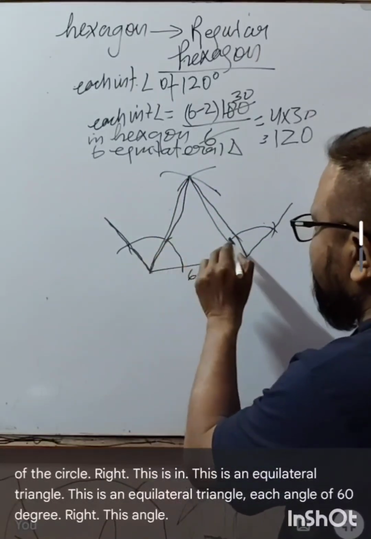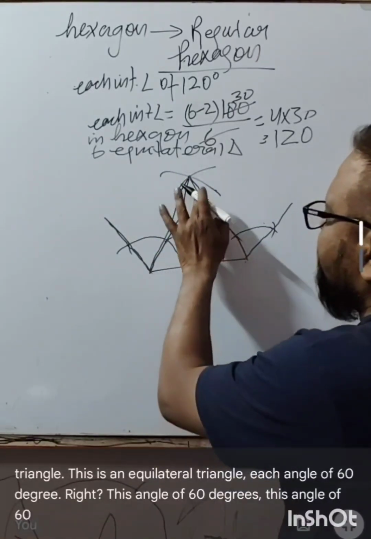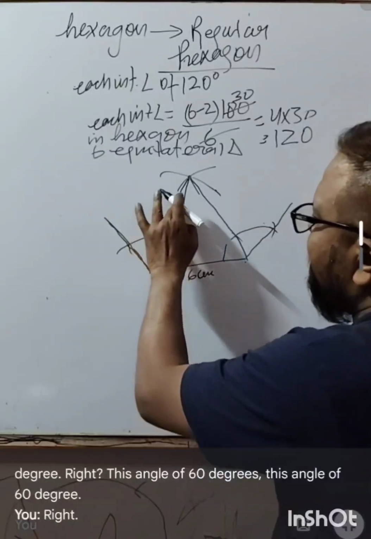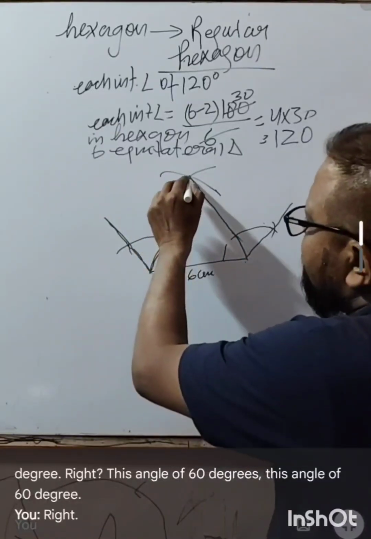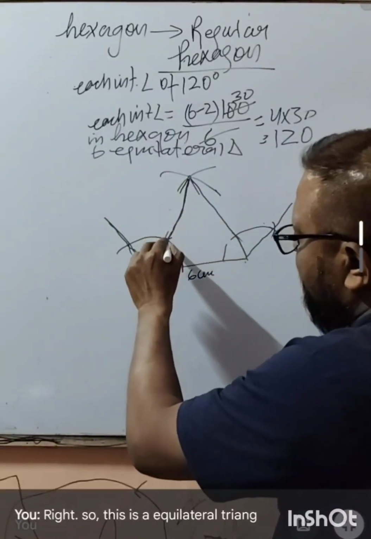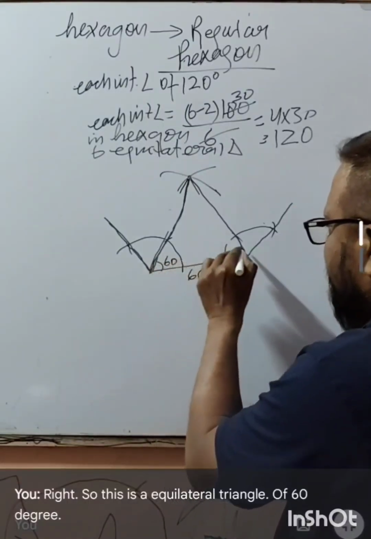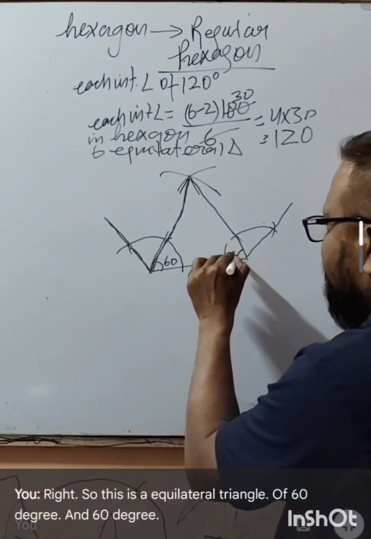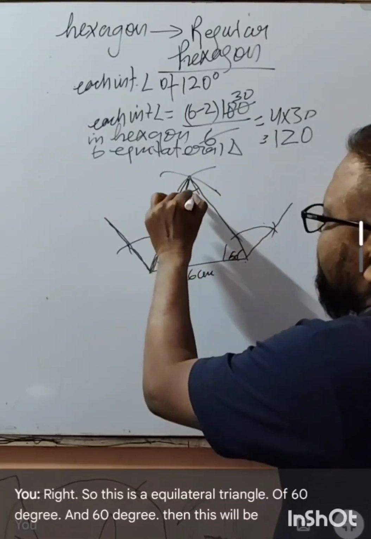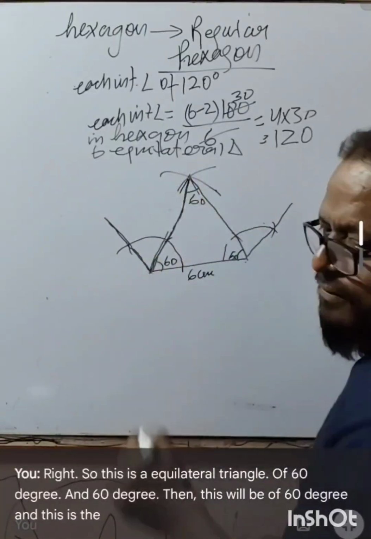This angle of 60 degree, this angle of 60 degree, then this will be of 60 degree and this is the center, right?